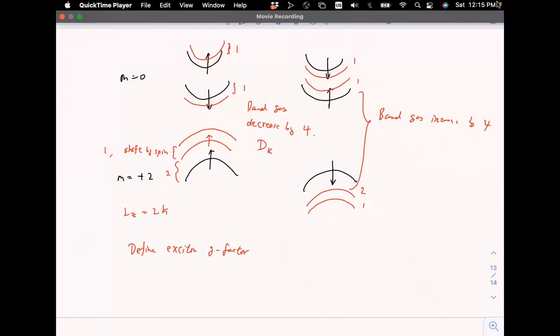And then this is the dark exciton at K prime valley. So the g factor is you have a delta E equal to this minus this. It's the energy of the dark exciton at K minus the energy of the dark exciton at K prime.